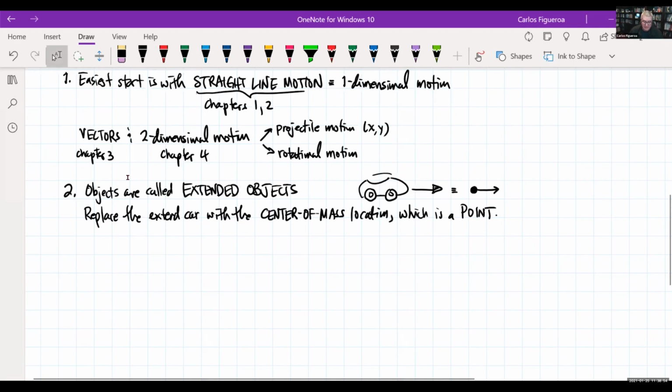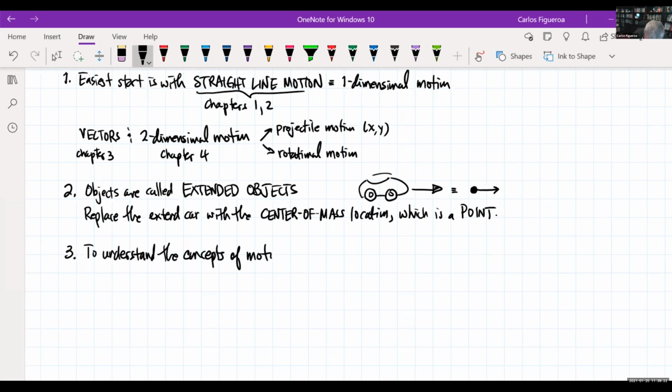And then third, to understand the concepts of motion is to understand and draw motion diagrams.